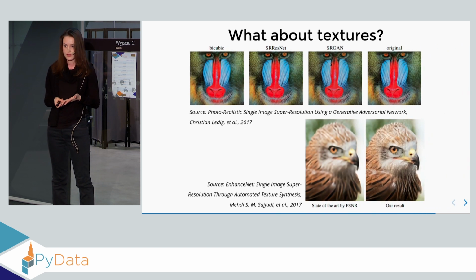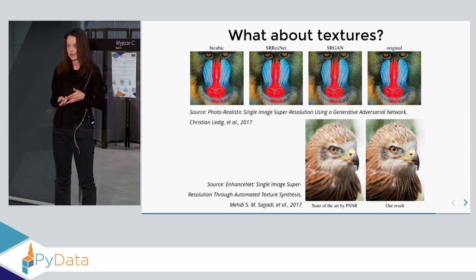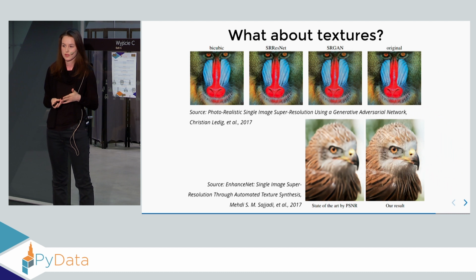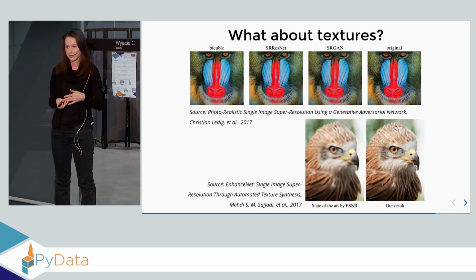Okay, so what about the textures? Because optimizing mean squared error leads to overly smooth images.